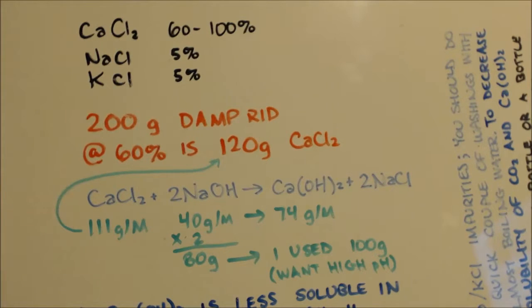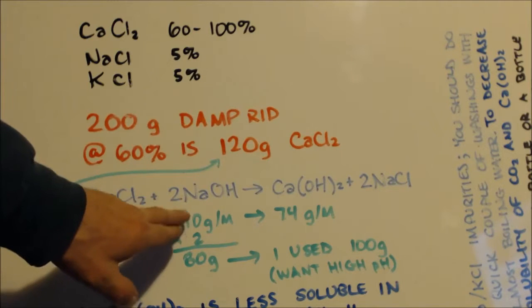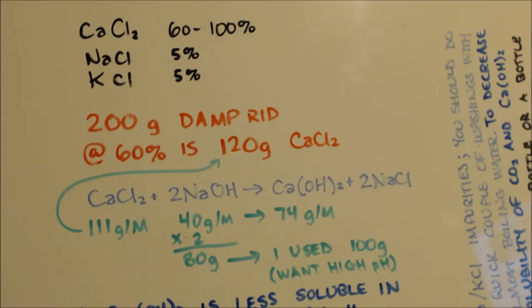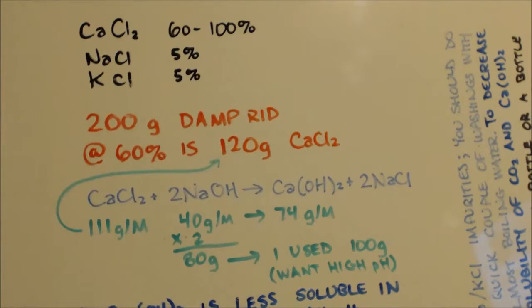So for the first mole, we're going to double this and make 80 grams, and then we use 100 grams to put in that extra 10%, because we want a high pH. That should give us 74 grams of, well, actually 10% more, 84 grams of calcium hydroxide.